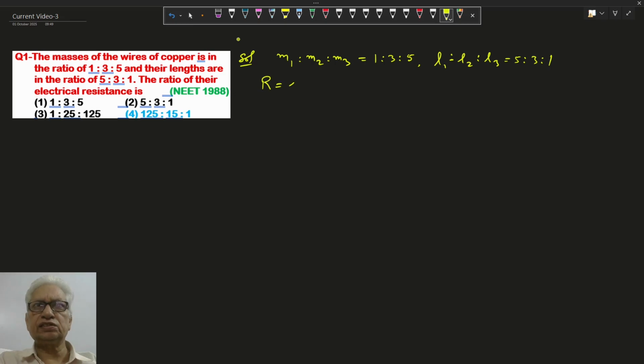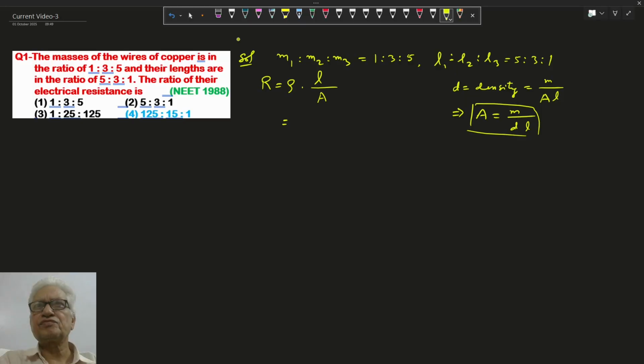Here the formula of resistance is rho L upon A. We know density D is mass upon volume, so A equals m upon D L. We replace it here, and R becomes rho D L squared upon m.